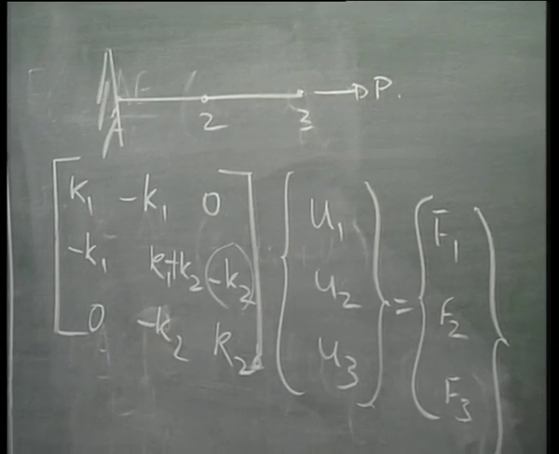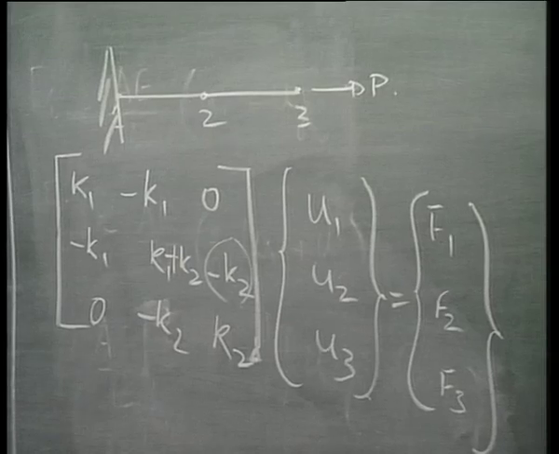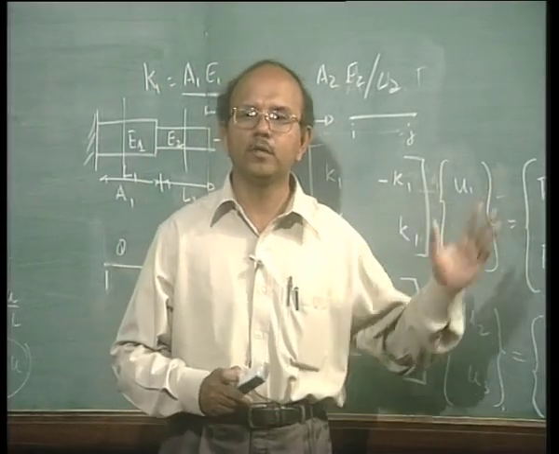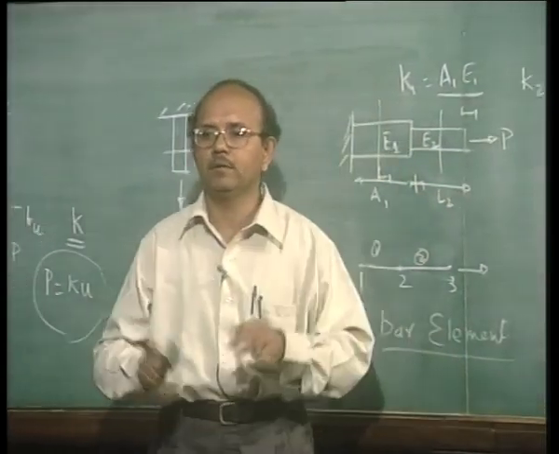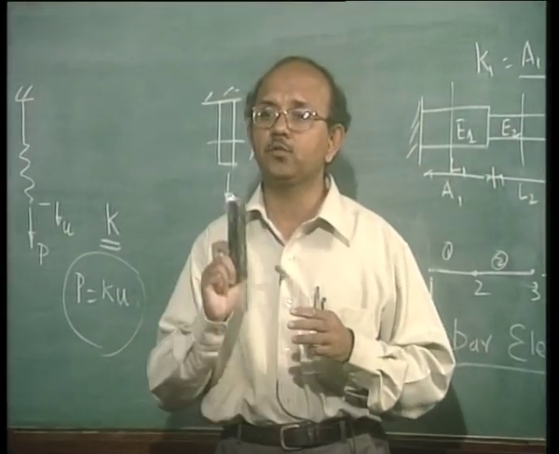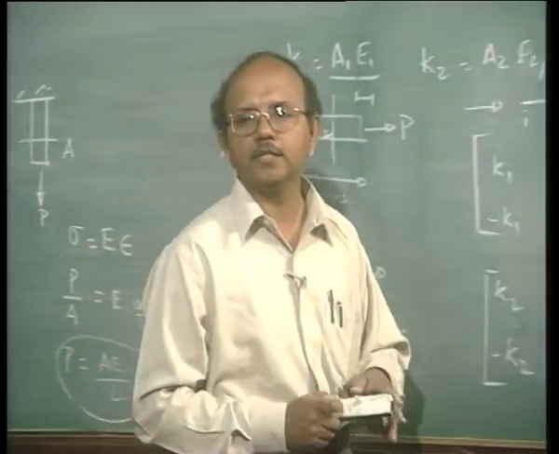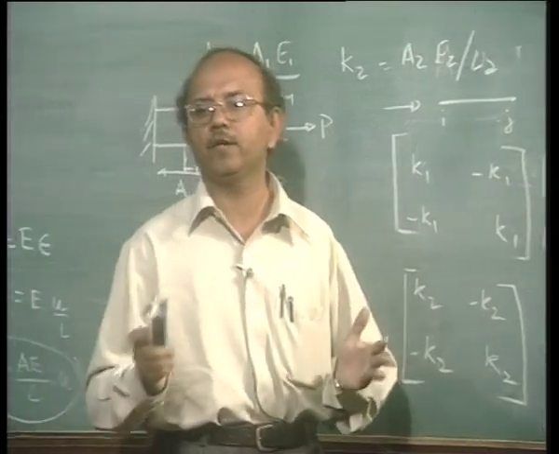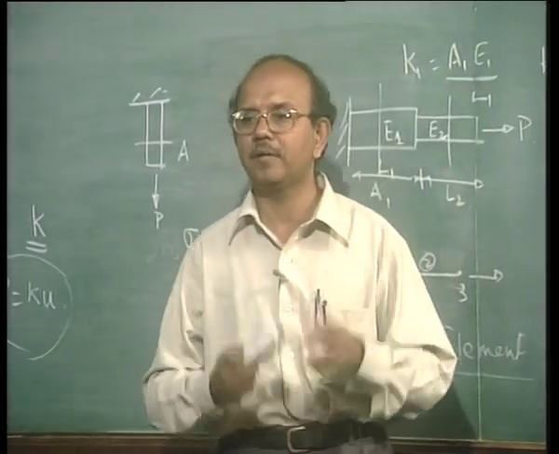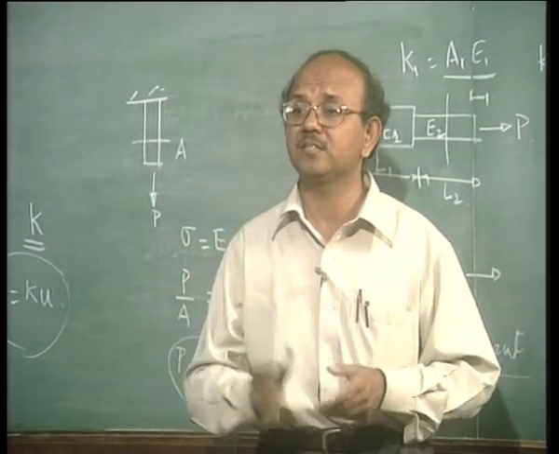Now, please note one thing carefully: when I say boundary condition and say u1 is fixed, I just state that u1 is known. Many students make a mistake thinking that boundary condition means u1 is equal to 0. Not necessarily.